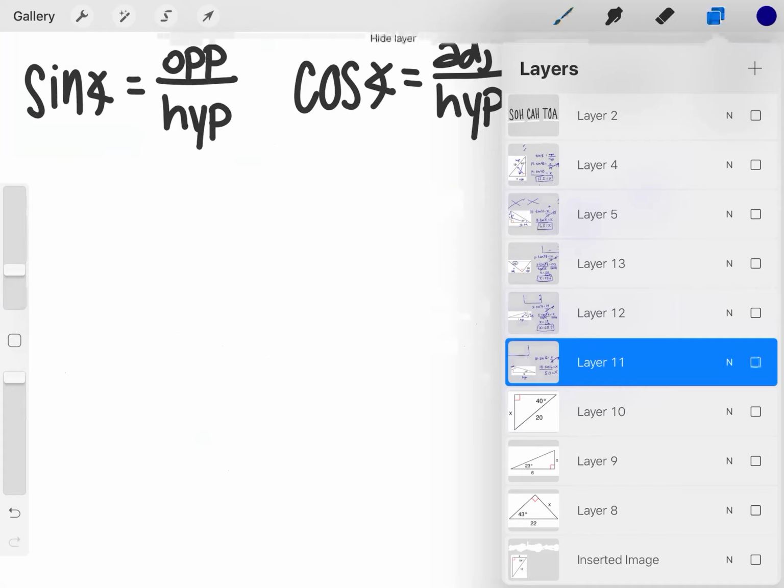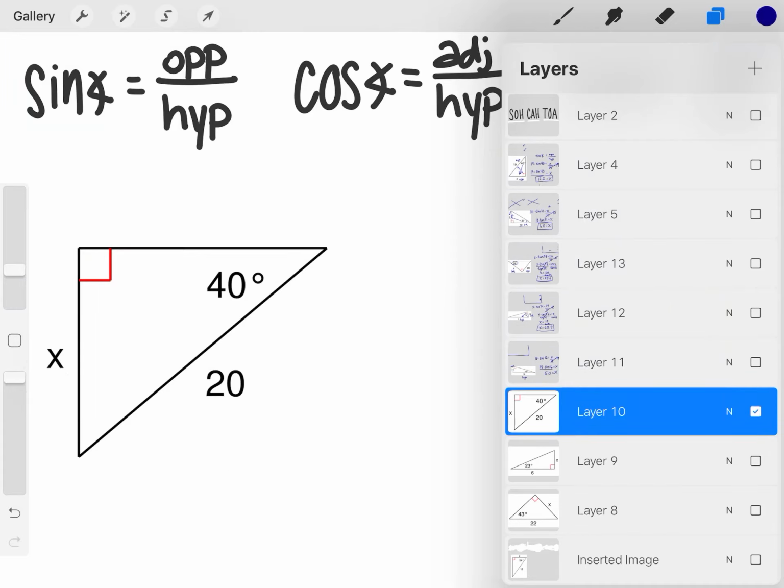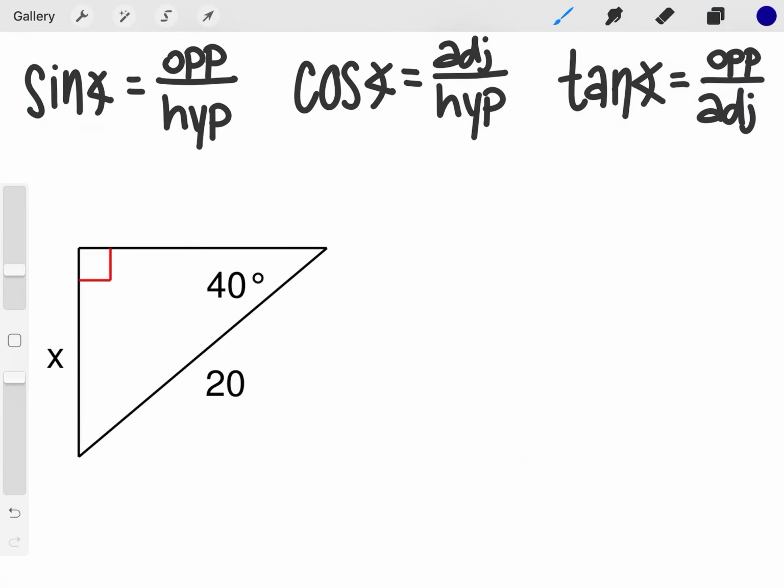All right. Let's do one just like that. I look at the problem, identify which function I'm going to be using, sine, cosine, or tangent. So 20 is the hypotenuse, x is the opposite side. So you should have chosen sine.